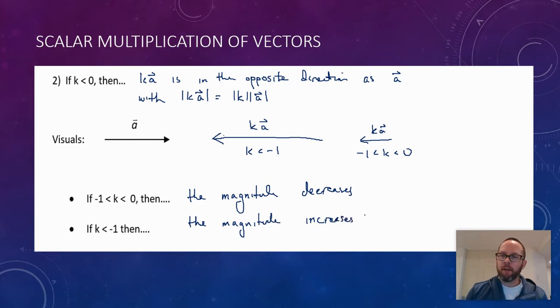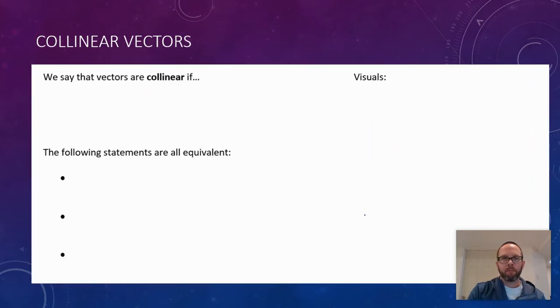So that's the basics of scalar multiplication. You get a vector going in the same or opposite direction, and the value of k determines whether the magnitude is bigger or smaller. So this brings us to this concept of collinear vectors. We say that vectors are collinear if one vector can be written as a scalar multiple of the other.